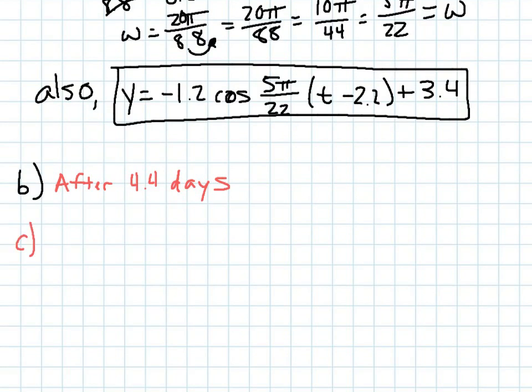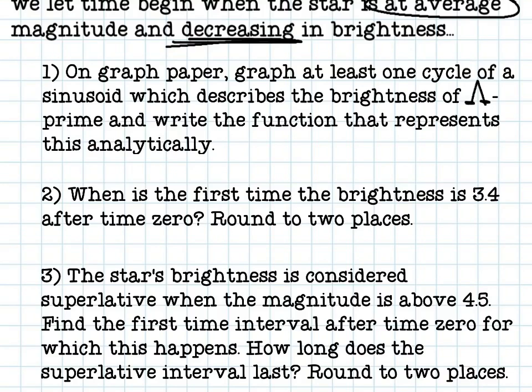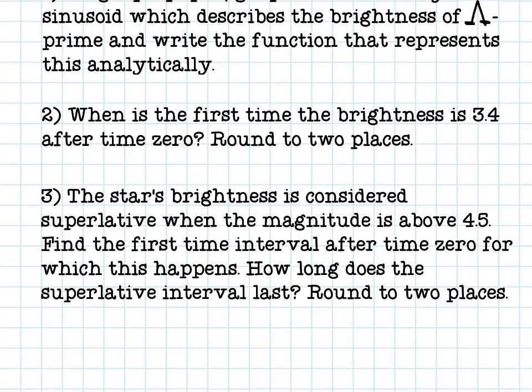Now for letter C, they're asking, the star's brightness is considered superlative when the magnitude is above 4.5. So we want to find the first time interval after time 0 for which this happens.